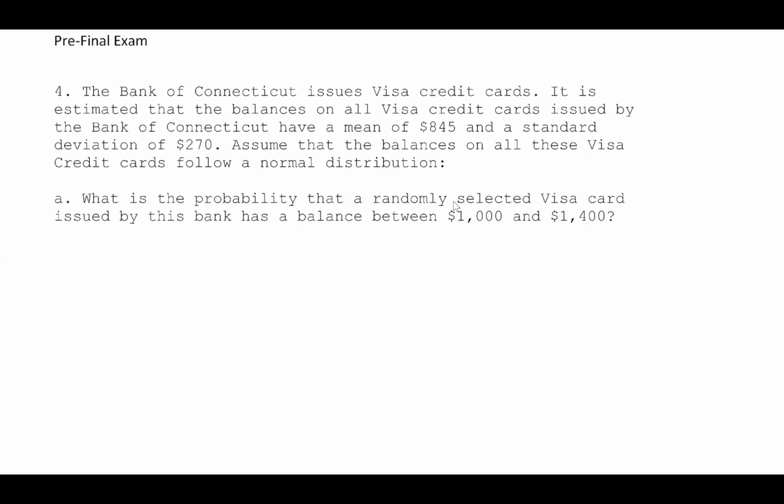If you look at this problem, they're telling us the mean is 845, and they're telling us the standard deviation is 270. And they're telling us this is for all Visa credit cards. Since this is for all Visa credit cards, that means we have a mean of 845, but we also have a population standard deviation of 270.